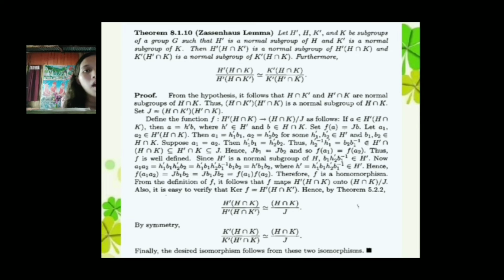Furthermore, H'(H ∩ K)/H'(H ∩ K') is equal to K'(H ∩ K)/K'(H' ∩ K).